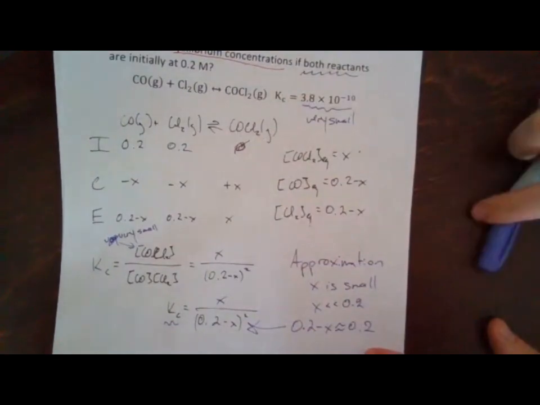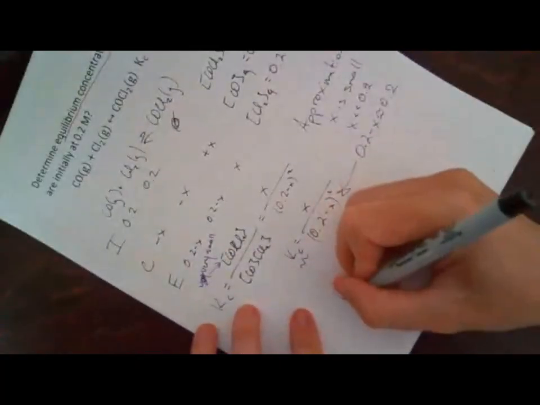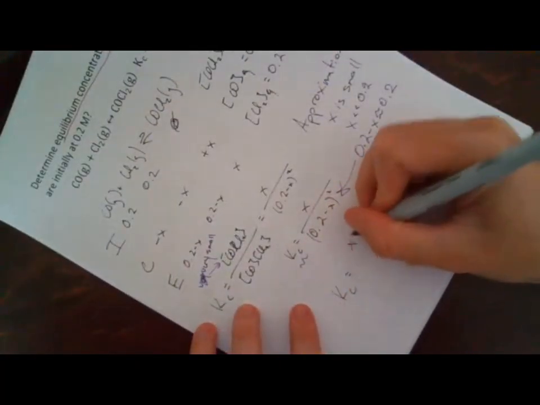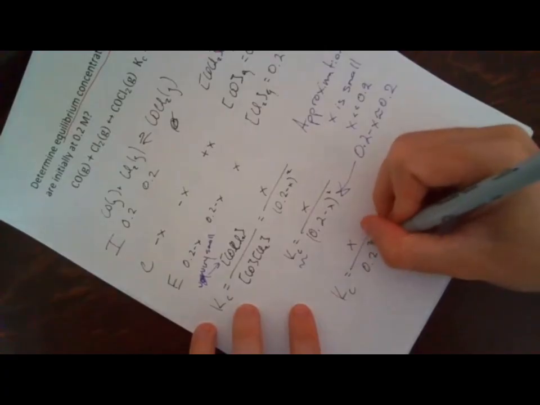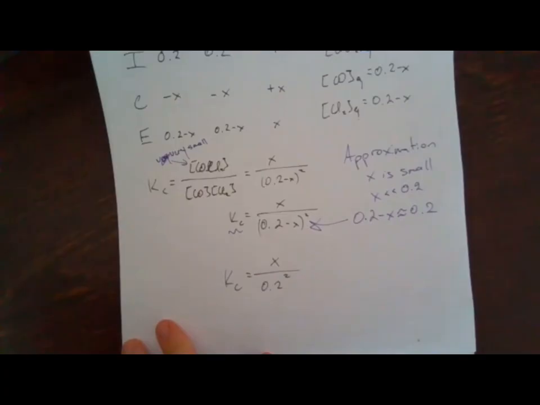That simplifies my equation greatly to Kc is equal to x divided by 0.2 squared, because 0.2 minus x is basically 0.2.